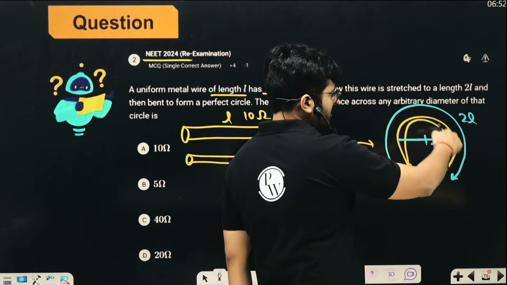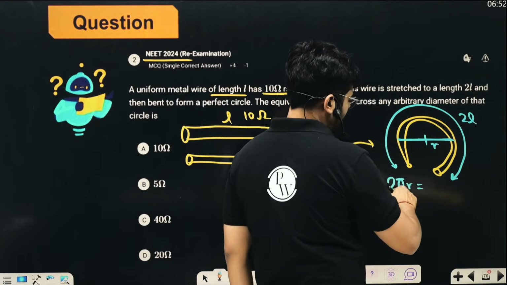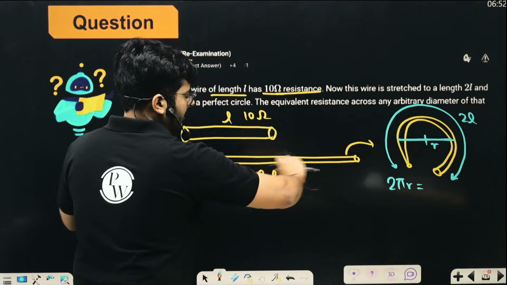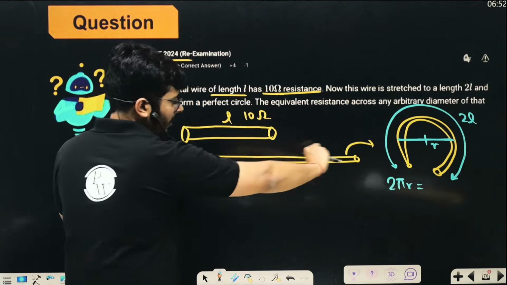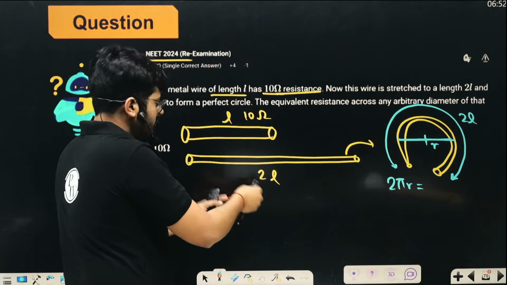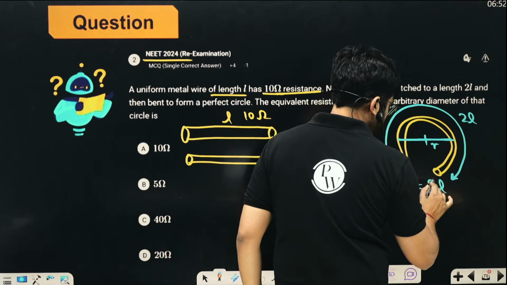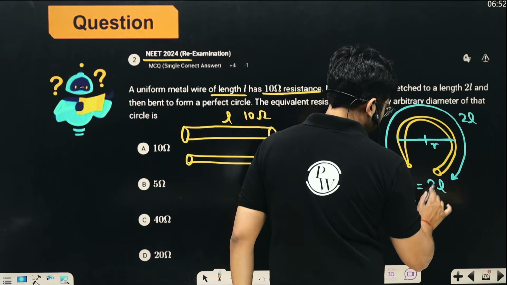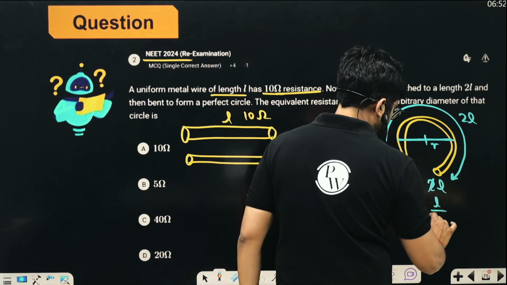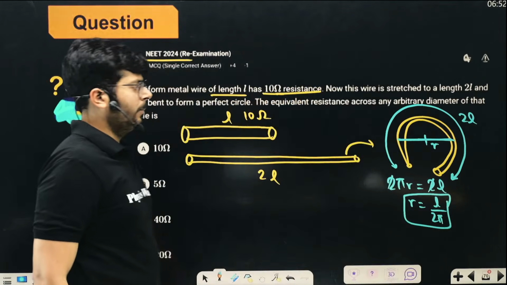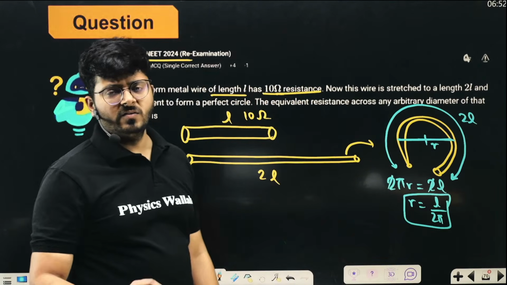So the radius of the circle being formed is R, then 2 pi R is the total circumference, which is equal to 2L. You are going to take this length and make a circle out of it. So the total circumference is the length of the wire. Okay. So the radius is L upon 2 pi, in case we need it. Radius of this circle is L upon 2 pi.